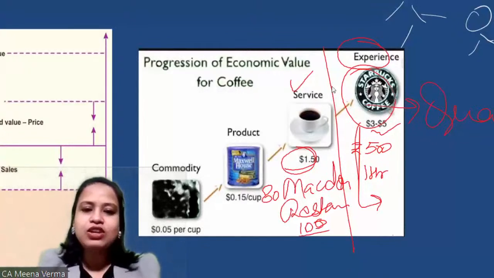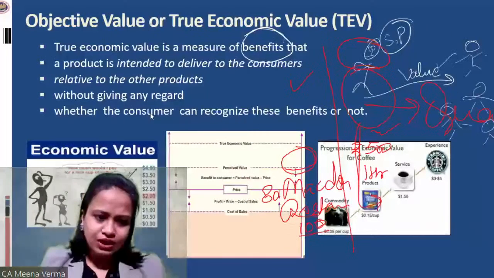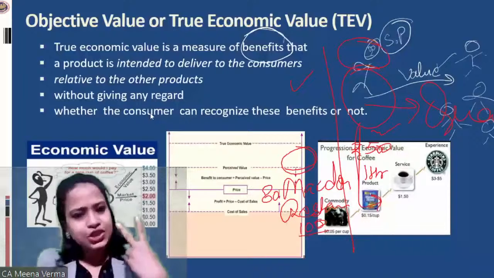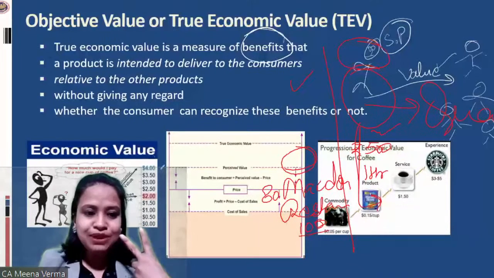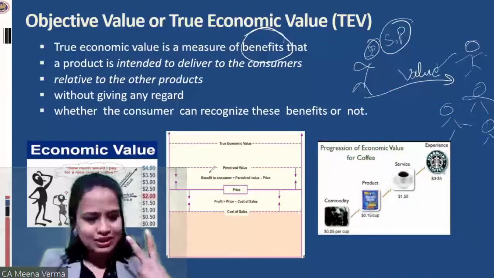See here, the value is given by the Starbucks company, and two conditions exist here. There might be some people who will recognize the benefit, and some who will not recognize the benefit.